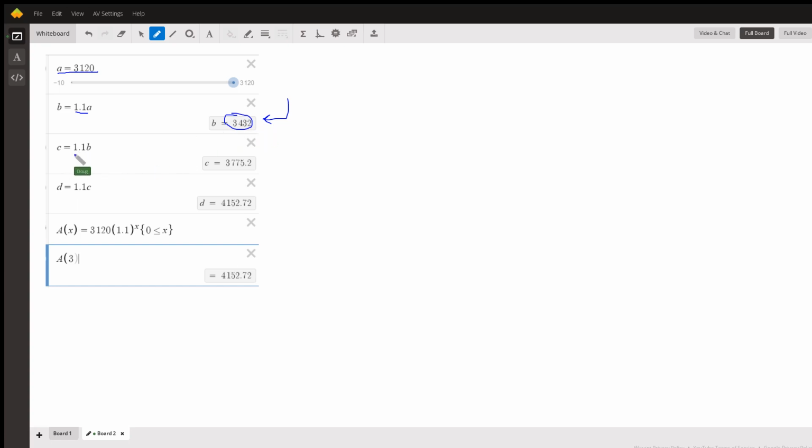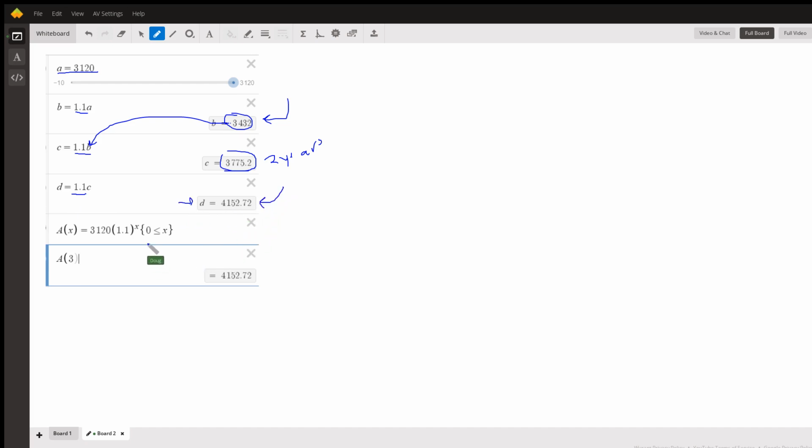So if I increase this amount by multiplying by 1.1, there's the new amount after 2 years. I didn't write that very well. Now, the next year, this new amount is going to be increased by 10%. So if I multiply by 1.1, I'll have the new amount after 3 years. And there's your answer right there.